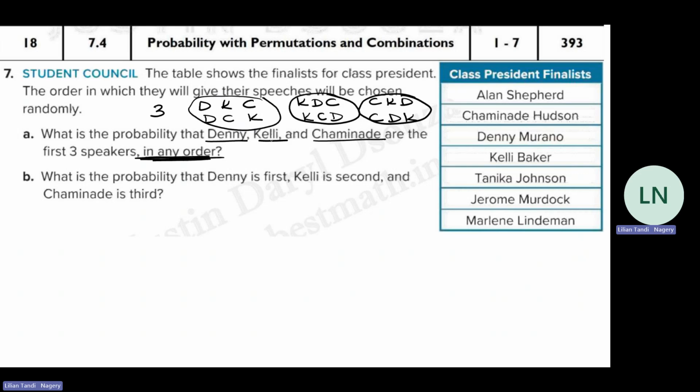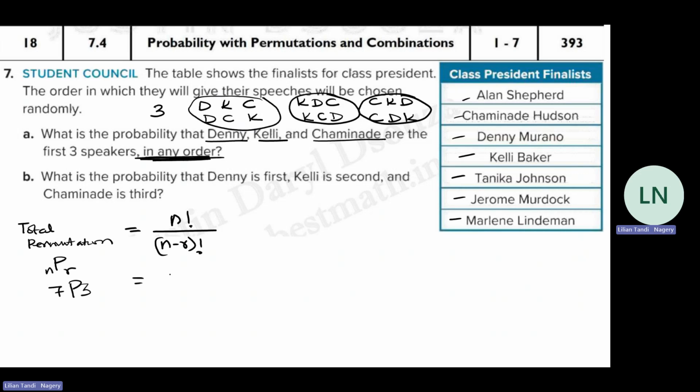Now, first let's find our total permutations. Here you have how many people? 1, 2, 3, 4, 5, 6, 7. So here is n equals 7 and r equals 3. So it is n factorial over n minus r factorial.